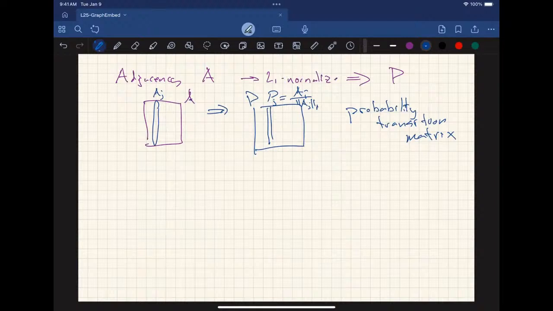Instead of the adjacency matrix, now I can say let U lambda U transpose equal P via the eigendecomposition of P, right?